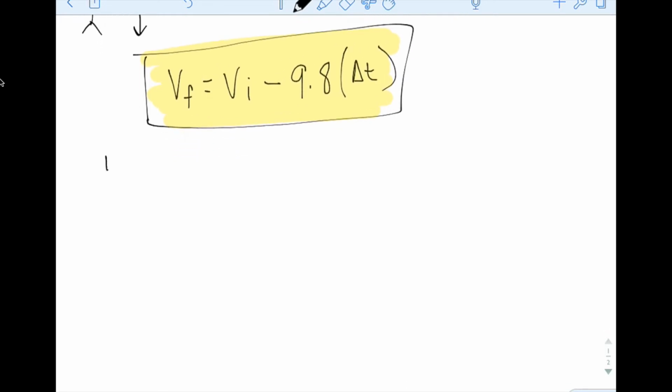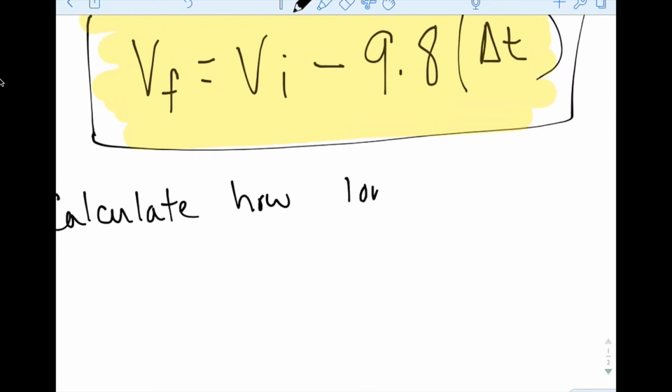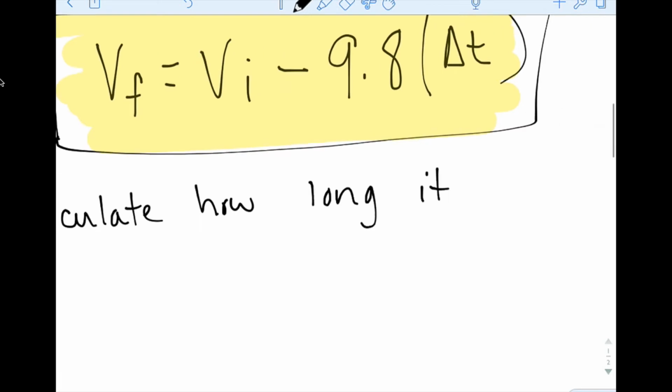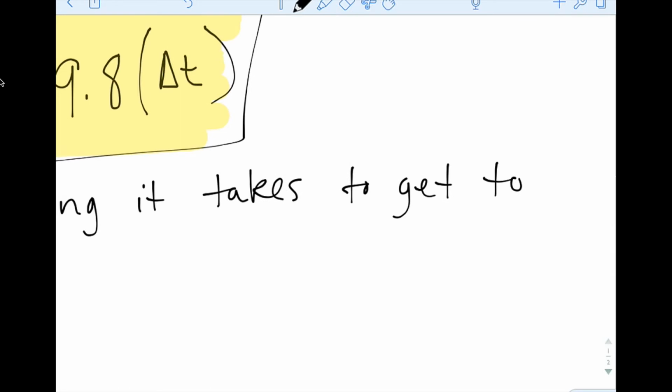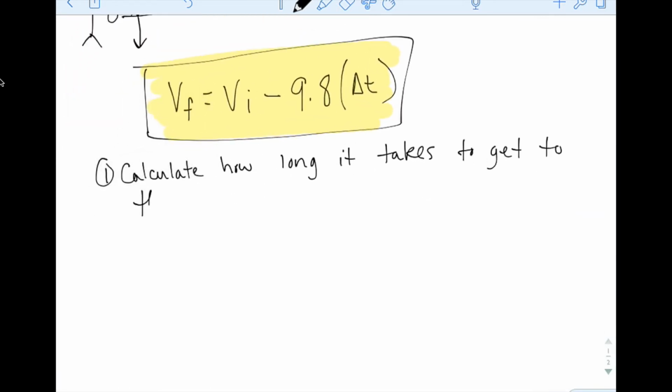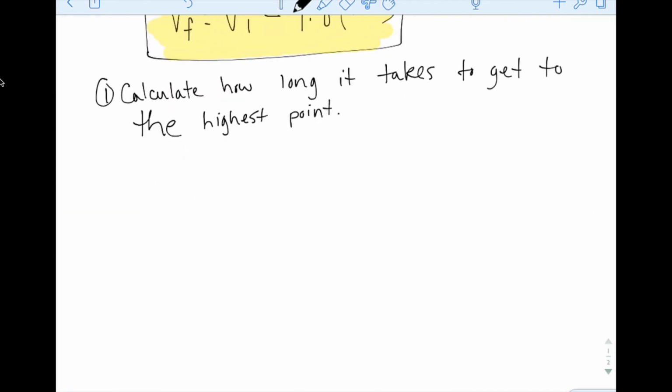So the first thing we can do is let's calculate how long it takes to get to the highest point. Okay, so let's think about this.